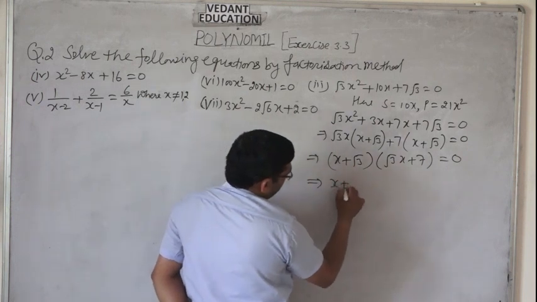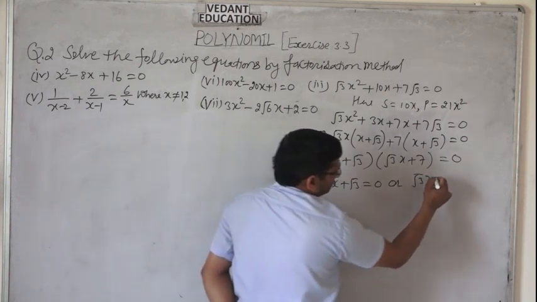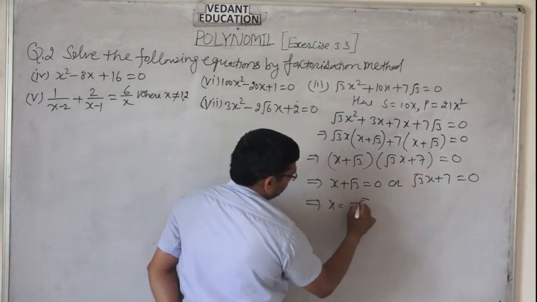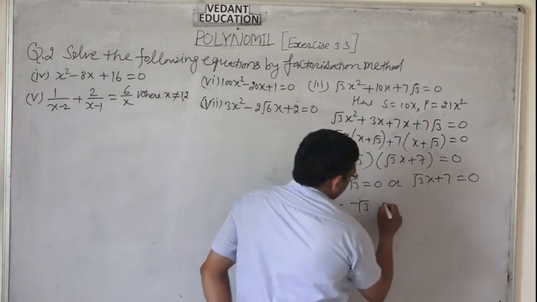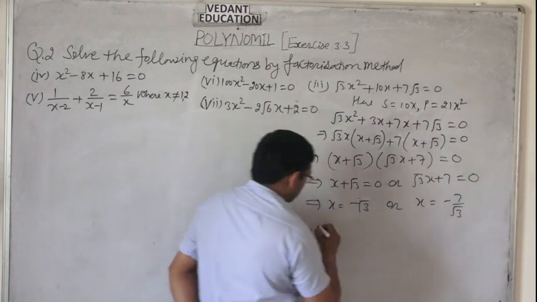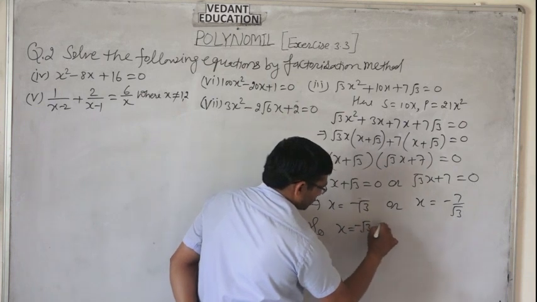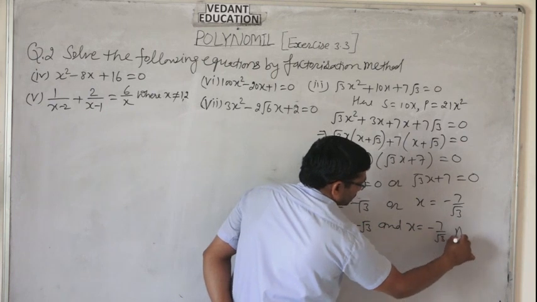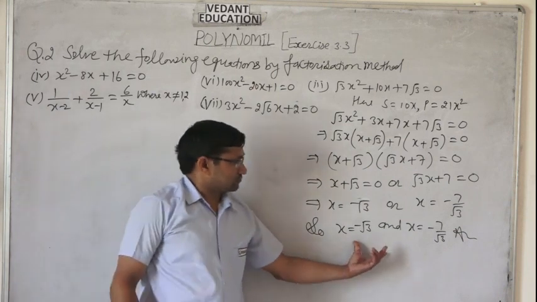Then x plus root 3 is equal to 0 and root 3x plus 7 is equal to 0. That is x is equal to minus root 3 or x is equal to minus 7 upon root 3. So solutions of the given equation are x is equal to minus root 3 and x is equal to minus 7 upon root 3. These are the solutions of the given quadratic equation.